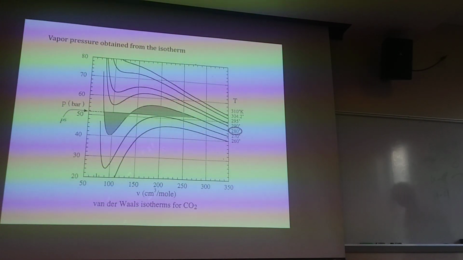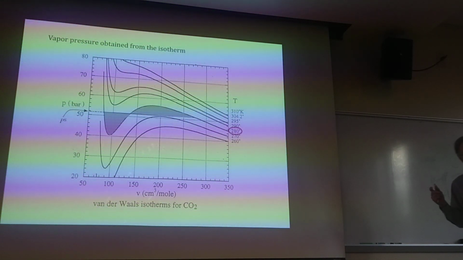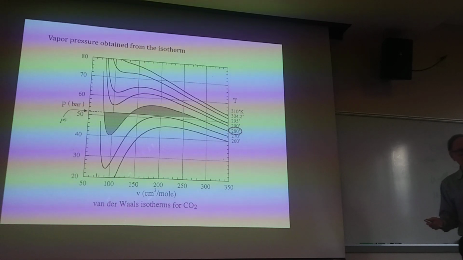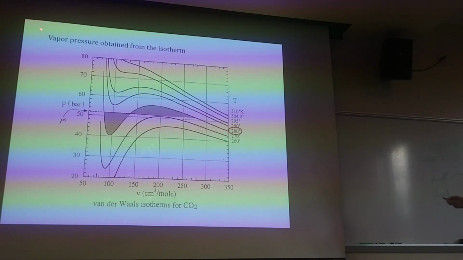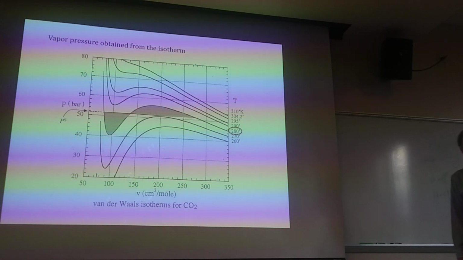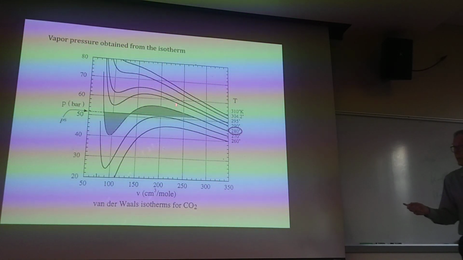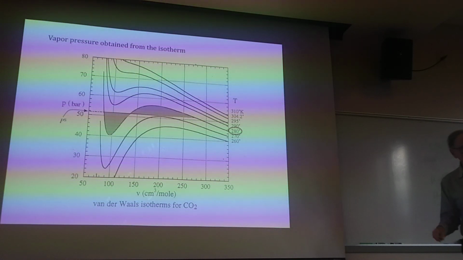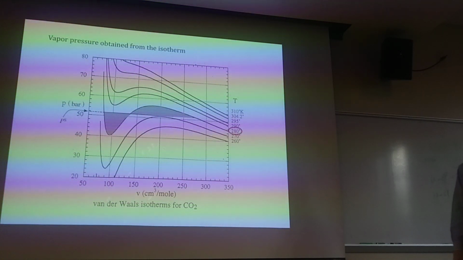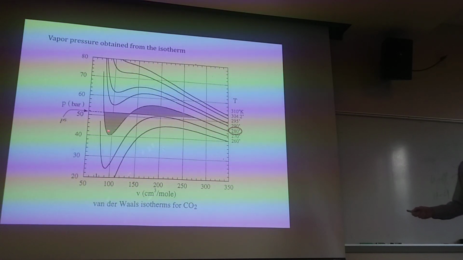Here's something really interesting and not that trivial to be able to understand, and we won't be able to complete the proofs at this point, but I can point out what the facts are. It turns out we can actually get the vapor pressure for any particular temperature by looking at its isotherm as plotted by the equation of state. Let's look at the isotherm at 280 degrees for carbon dioxide.